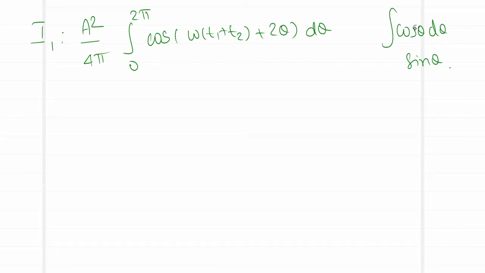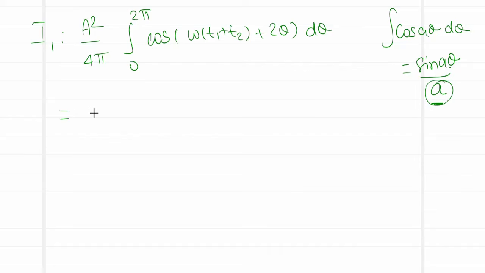What will be the integral of cos of a theta d theta? Whenever we have the integral of cos of a theta d theta, this will be sine of a theta divided by a. So the constant has to be divided.